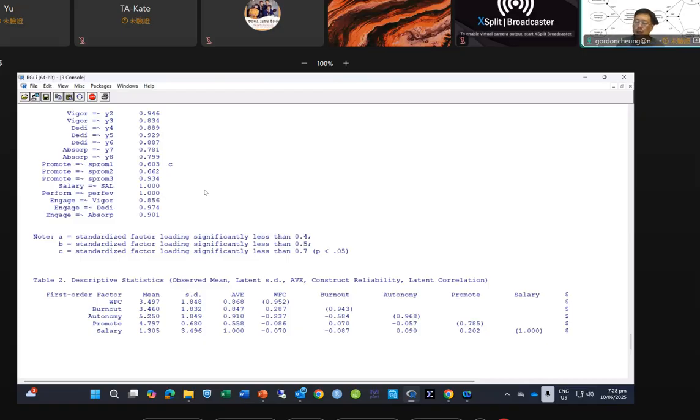You try to go to the item and explain why it's not appropriate for your sample. Maybe some items were developed in a different country, and that item may not be applicable in your sample. You explain it. And also, you need to report your results with the reduced items in the body of the manuscript, and report the results of all the items in the supplementary file.